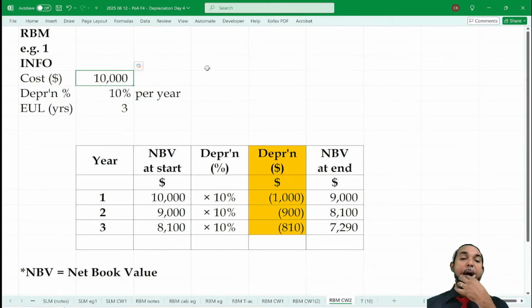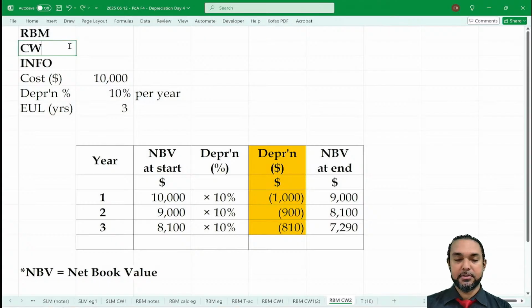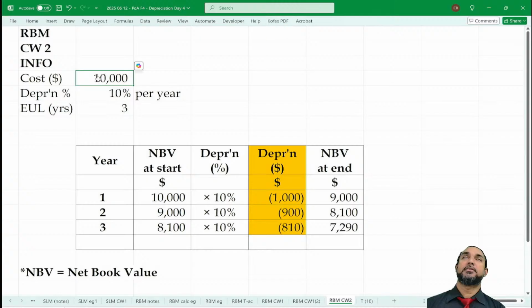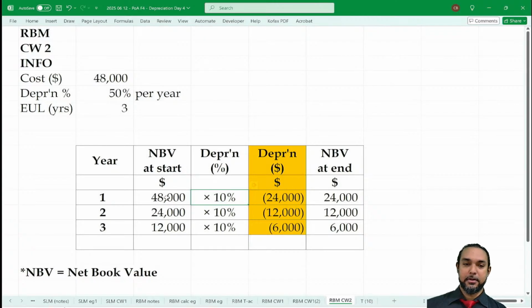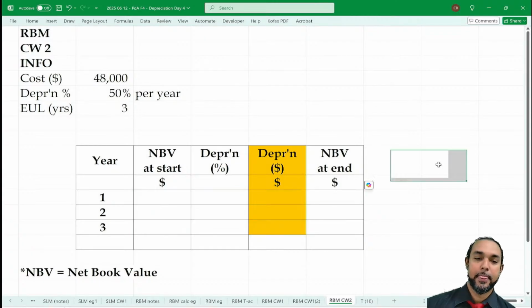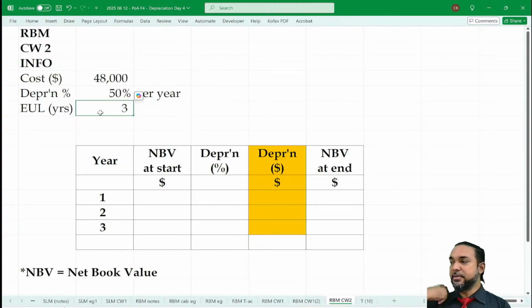So this is classwork set 2, info. For the cost of the asset, let's use a different figure, let's use 48,000. Then 50%, and let's leave it at 3 years. I find after 3 years it just gets a bit redundant, a little too much.